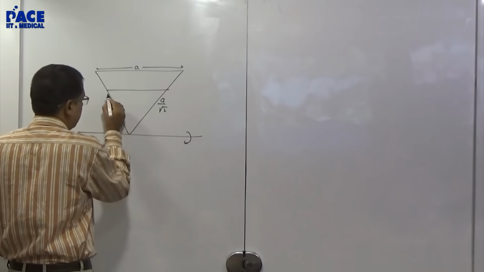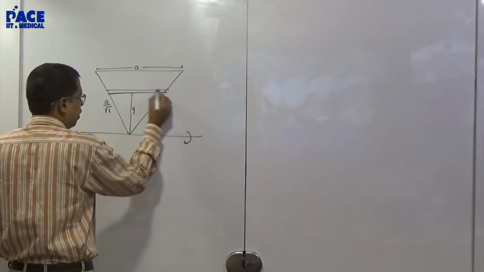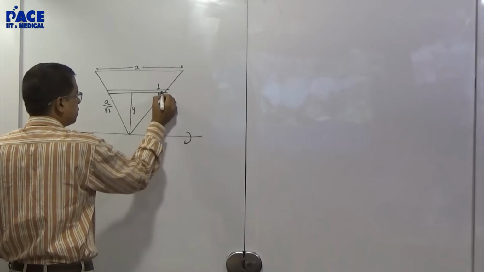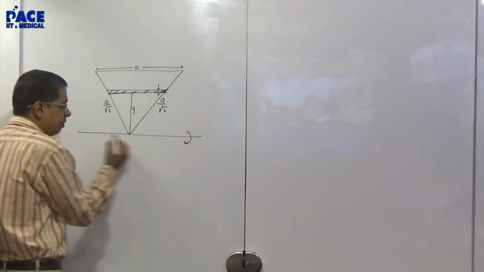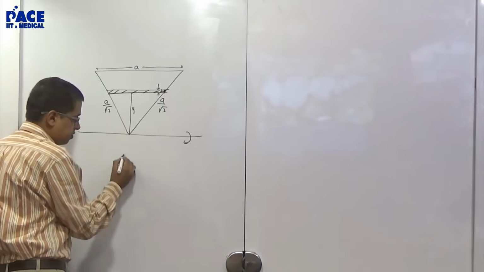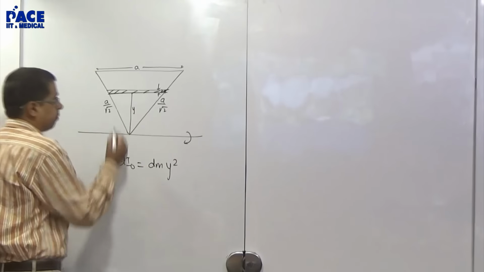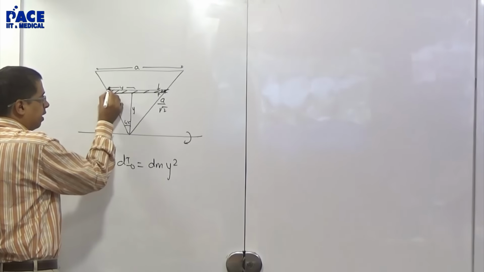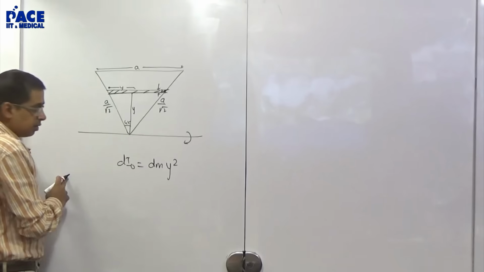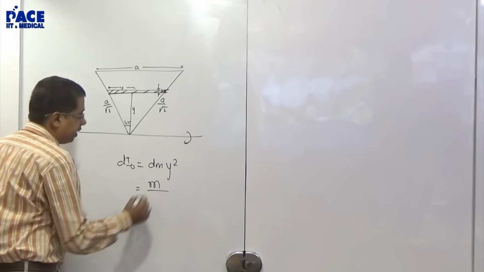Now consider an element at a distance of y of thickness dy. Every element is at the same distance from this axis. dI naught is dm into y square. Now because this angle is 45, this is y, this will be y.